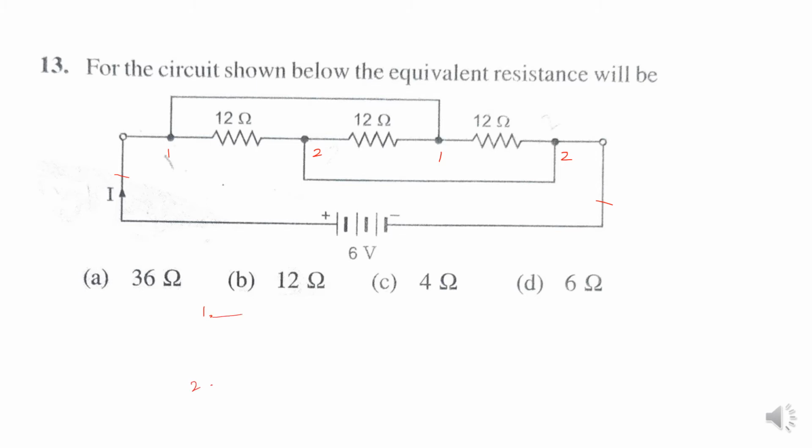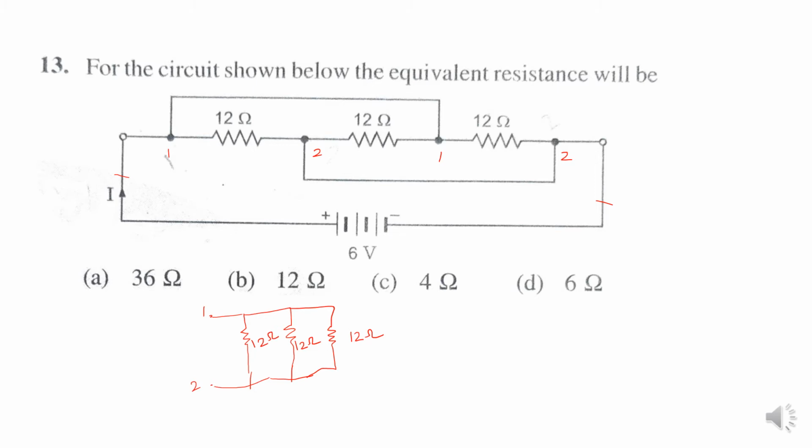So first see, between 1 and 2 one resistance, 1 and 2 another resistance, 1 and 2 another resistance. Now in which combination are the 3 resistances connected? That is in parallel combination. So 3 resistances are connected in parallel, and all 3 are the same resistances.